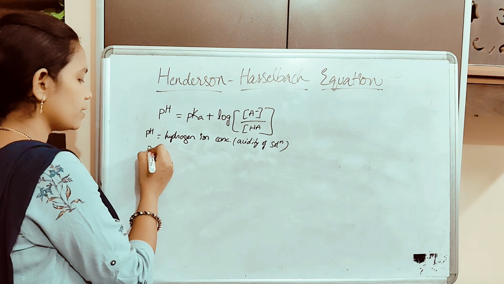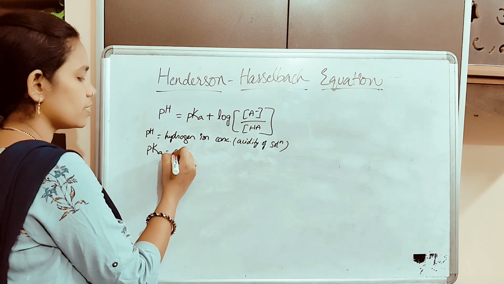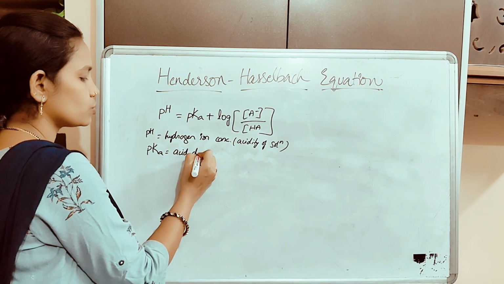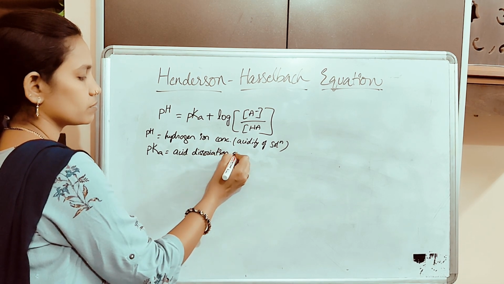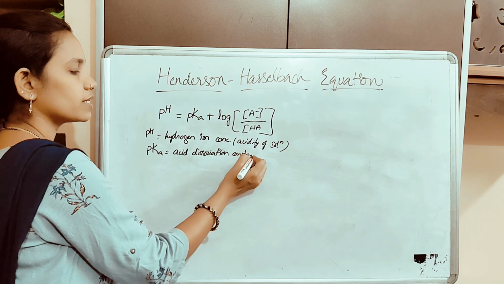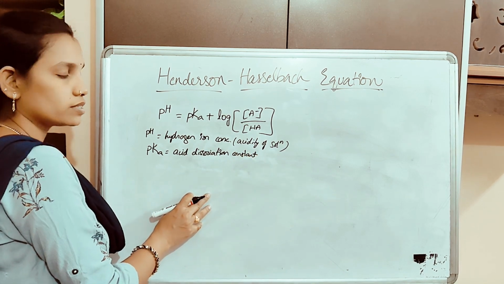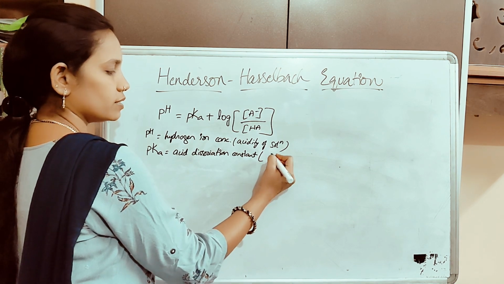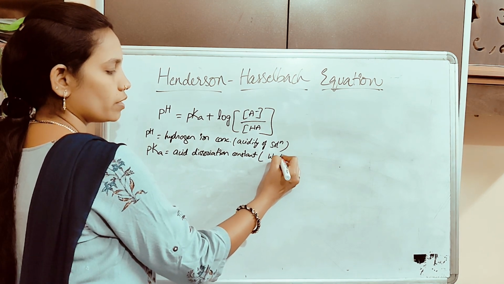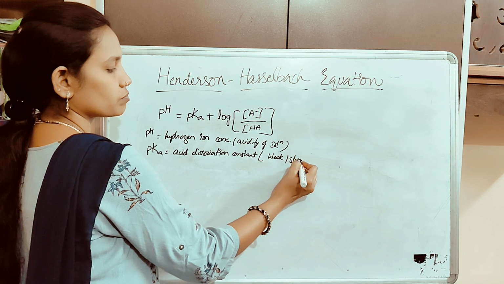And what is pKa? It is the acid dissociation constant. It tells us how strong or weak the acid is, means whether it is weak or strong acid.